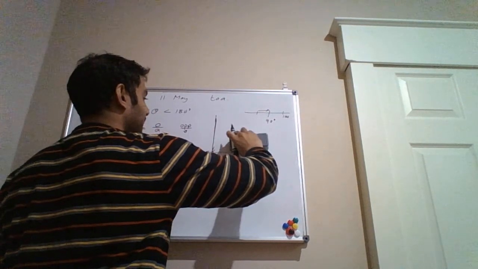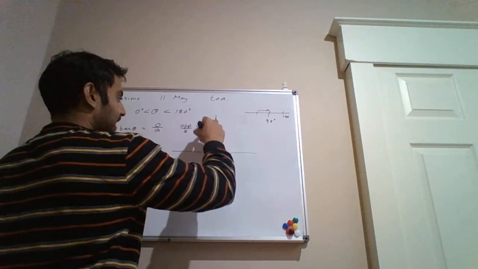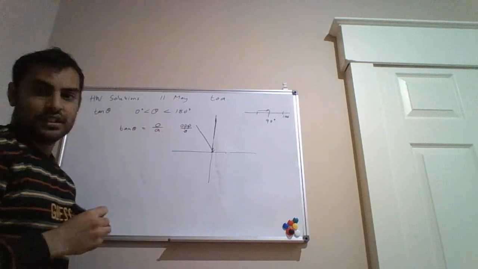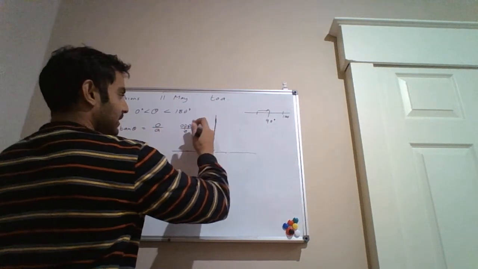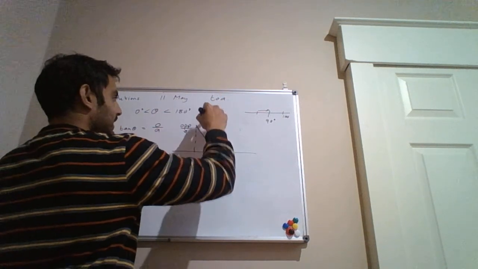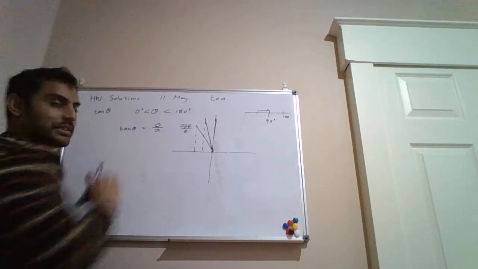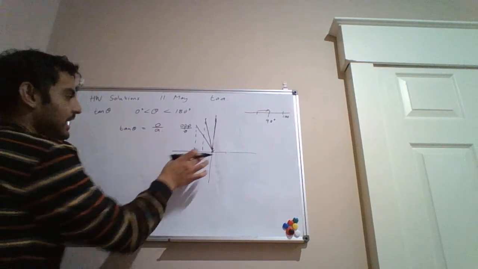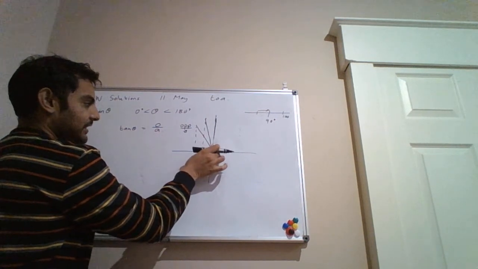If we depict this using our quadrants, we've got an angle which is bigger than 90, so it's in the second quadrant, and it gets smaller as it gets closer to 90. Similarly, if we look at our sides, we can see our opposite is increasing and the magnitude of our adjacent is decreasing.